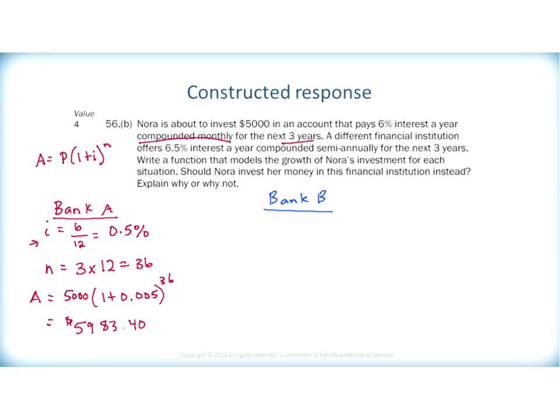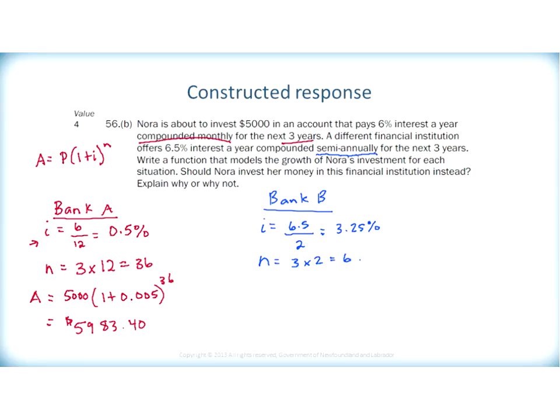Bank B, her interest will be 6.5%, where it's semi-annually, that's twice a year, and this will give us 3.25%. And the number of compounding periods, since it's 3 years and it's twice a year, will equal 6 compounding periods.